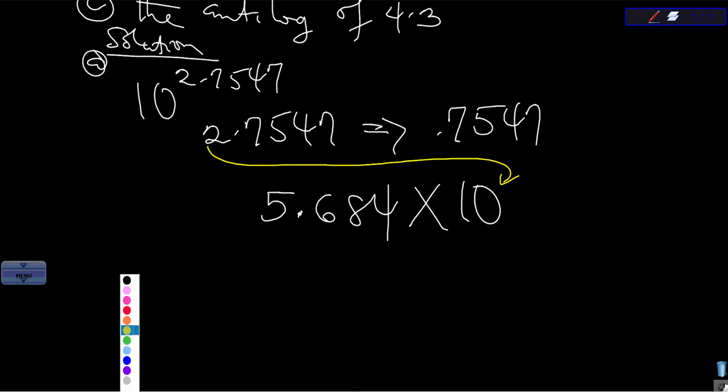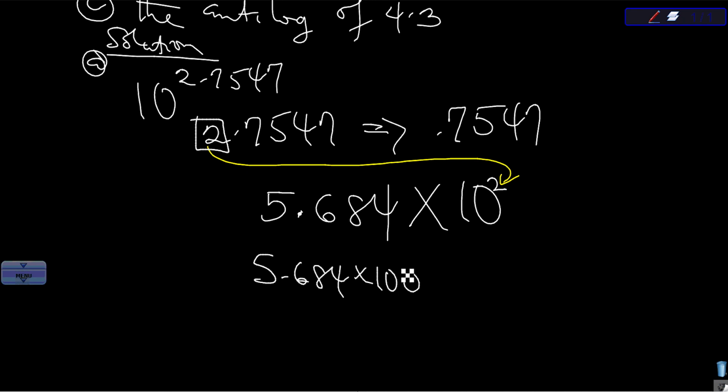So you have to transfer that figure to the power. So we have 5.684 times 10 raised to the power 2 lifted from here, which is 100, and this gives 568.4. That is about that.